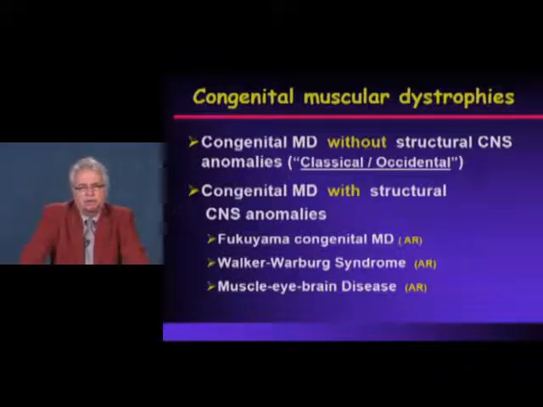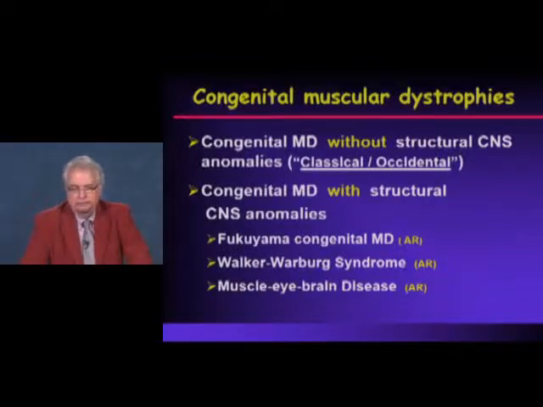One is the congenital muscular dystrophy without structural CNS anomalies, also known as classic muscular dystrophies. And then we have congenital muscular dystrophy with structural CNS anomalies. And the classic ones are Fukuyama muscular dystrophy, Walker-Warburg syndrome, and muscle-eye-brain disease.